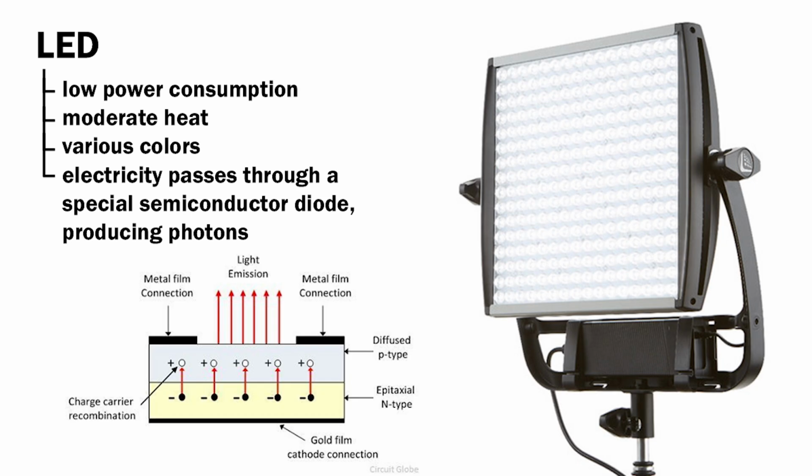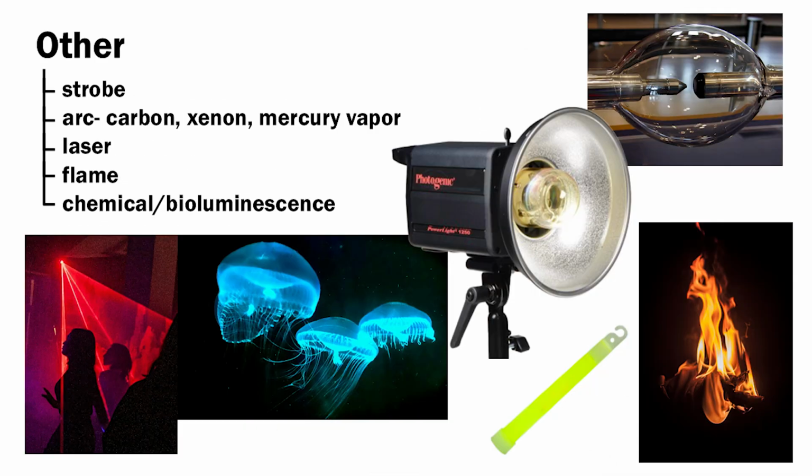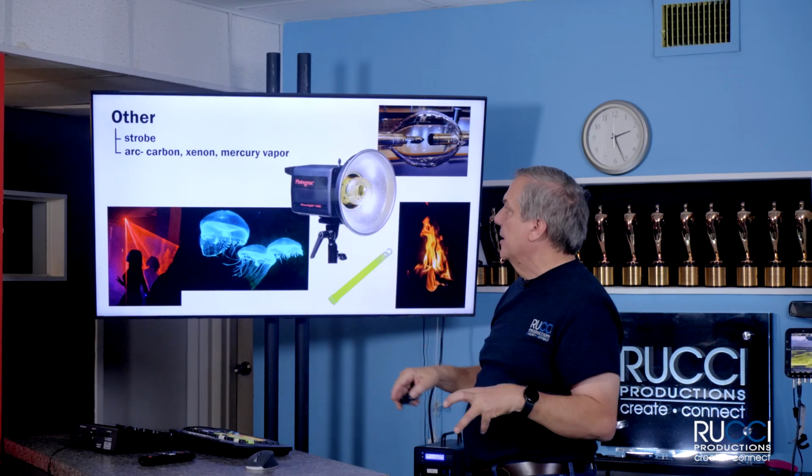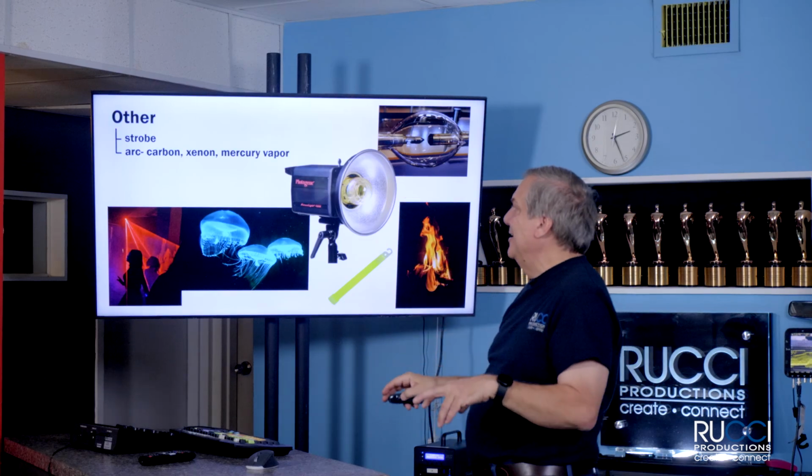And then there are a number of other things. In still photography, you use a strobe light, which just flashes for an instant, but very bright for the amount of power. In addition to HMIs, there are other kinds of arc lights that use an arc of electricity. There's a very old one called a carbon arc. There's something called a xenon.